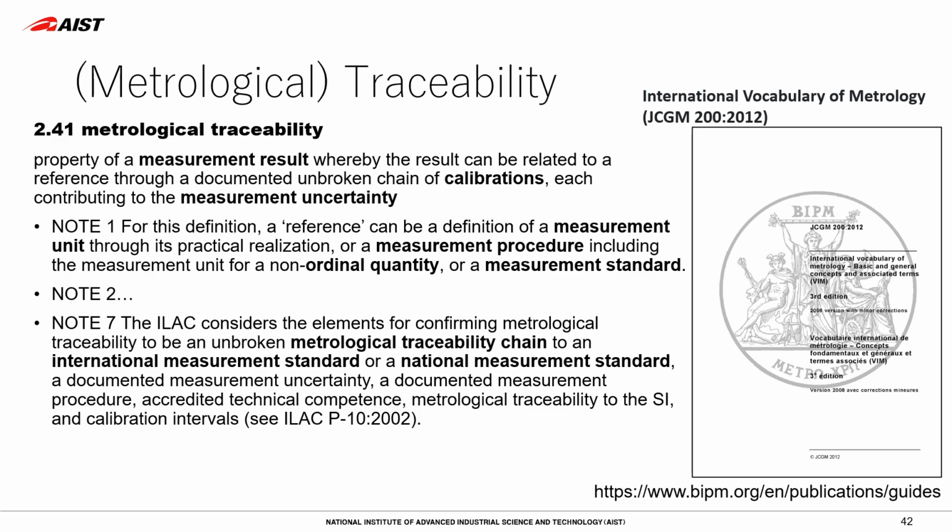When a test laboratory carries out measurements, their instrument is ordinarily calibrated by a calibration laboratory. The calibration laboratory issues a calibration certificate reporting the measured value and the measurement uncertainty. Also, the calibration laboratory should have a similar system of calibration.